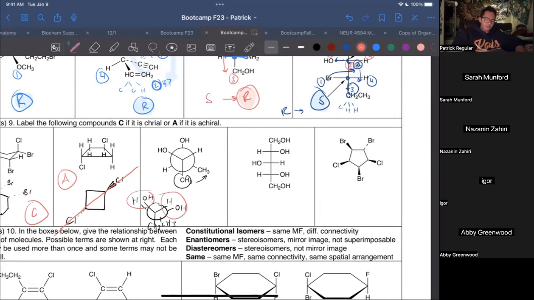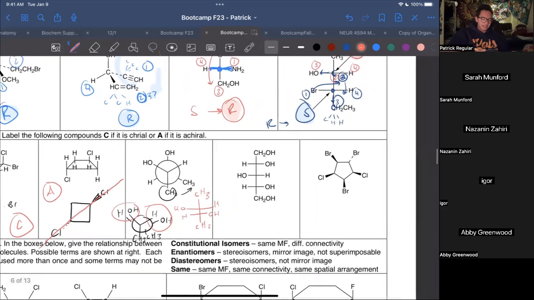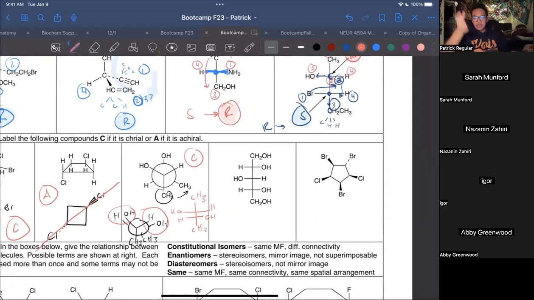There is no plane of symmetry because if you were to draw the Newman projection, it would be CH3, CH3, H, OH, OH, H. Hopefully you're learning that from the previous page. Hey, look, not symmetrical. This is chiral. There is no plane of symmetry anywhere.